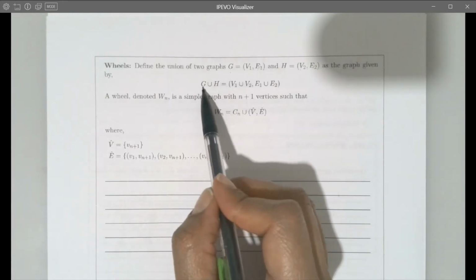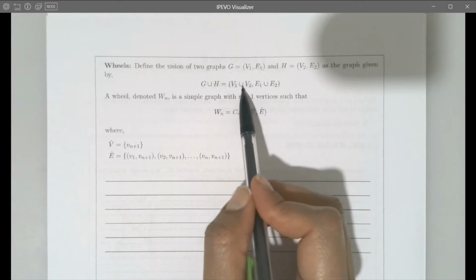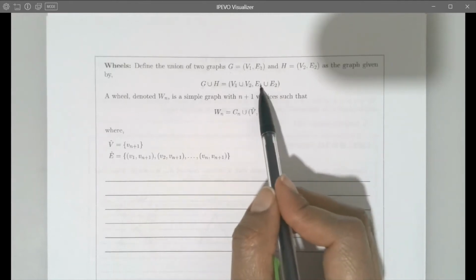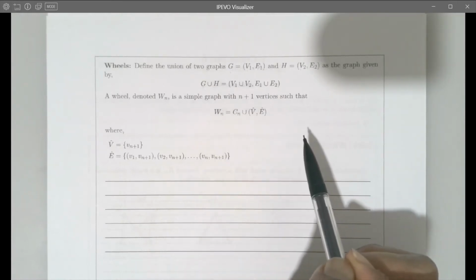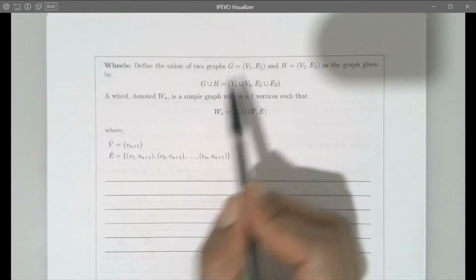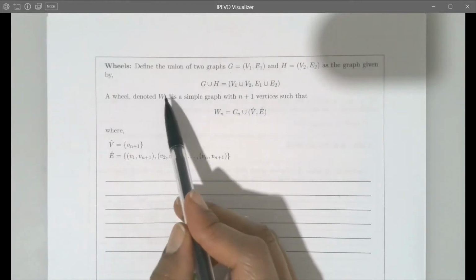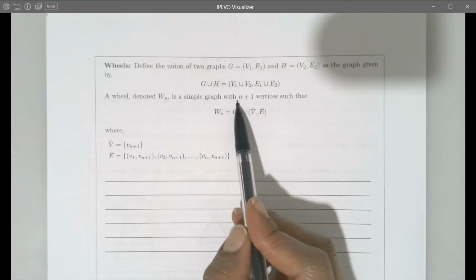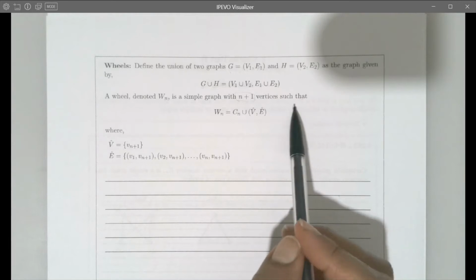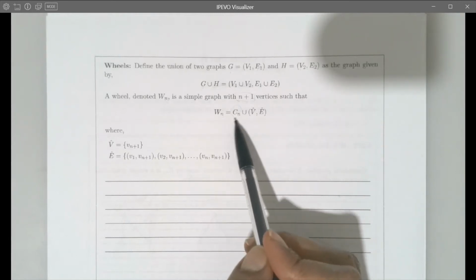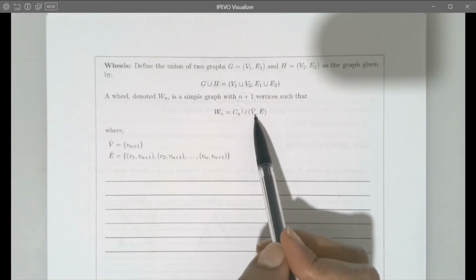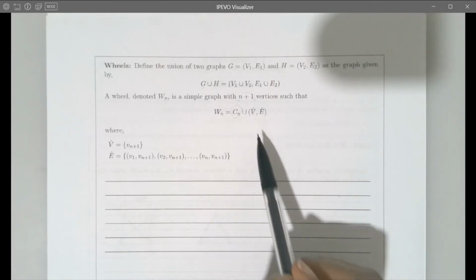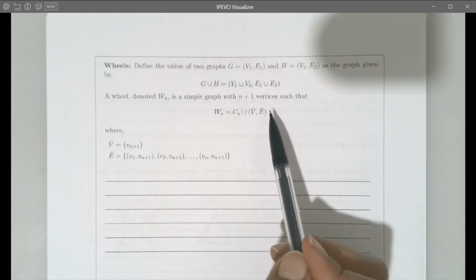We define the union of the two graphs as the union of the sets of vertices, comma, the union of the sets of edges, meaning the union will also be a graph.